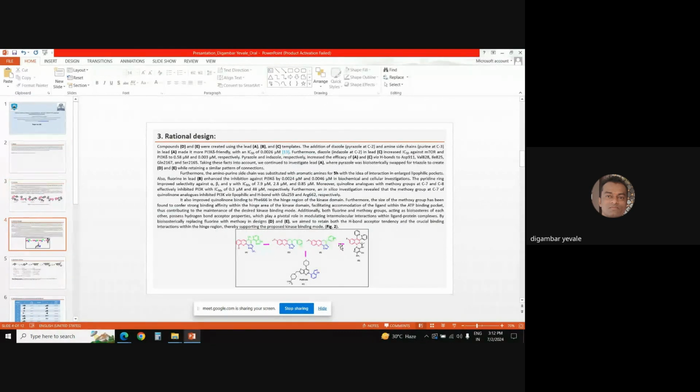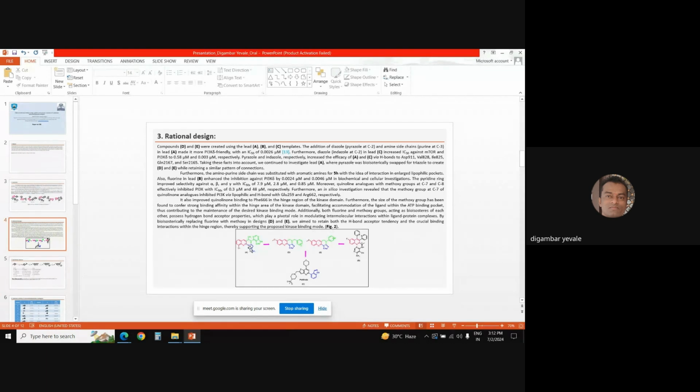What is the rationale behind our design of these targets? Here we have used compounds 1, C, and D as reference standards to design our compounds D and E. On the basis of that, we have tried to maintain the central core quinoline ring, which is important for the ATP binding pocket.